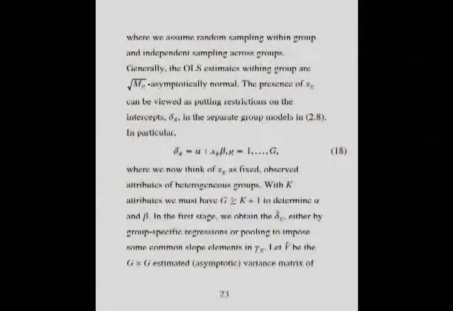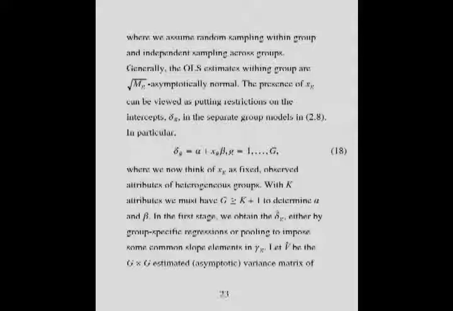So with a large number of groups, you can estimate these things fairly precisely, and then you can test whether these restrictions are satisfied. Now these are restrictions on just the intercepts, which is the common case, but you can do it for the slopes as well.